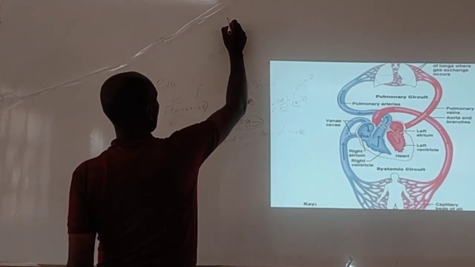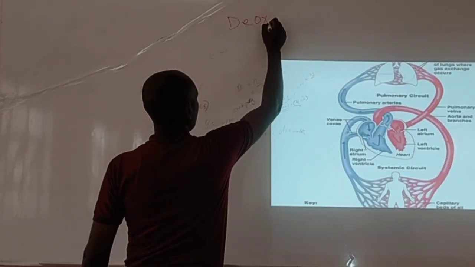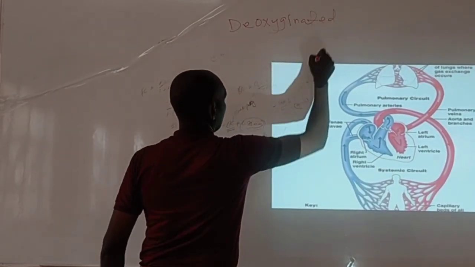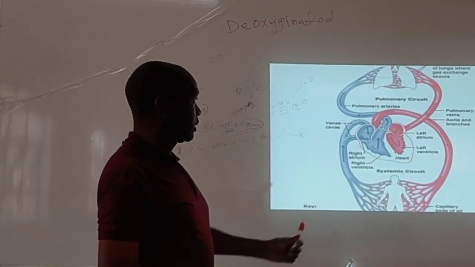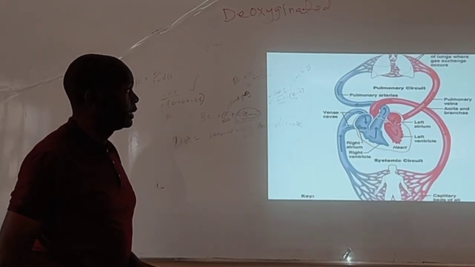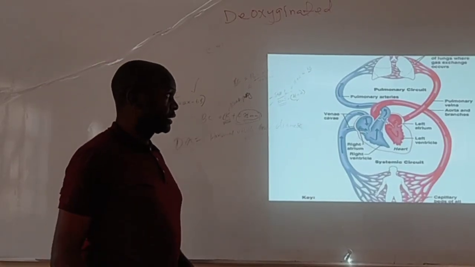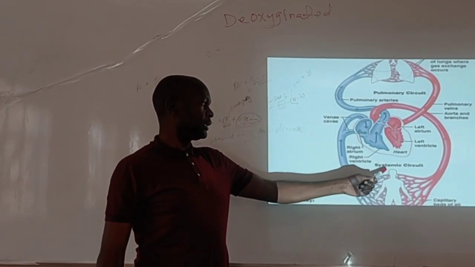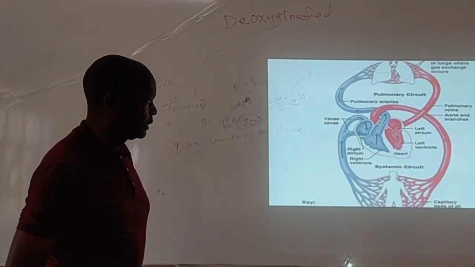We call it deoxygenated blood. And what you see in red represents oxygenated blood. So the circulatory system has two circuits, the pulmonary circuit and the systemic circuit.